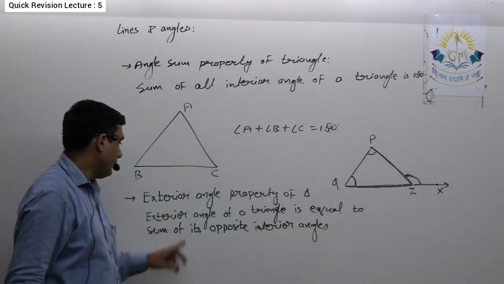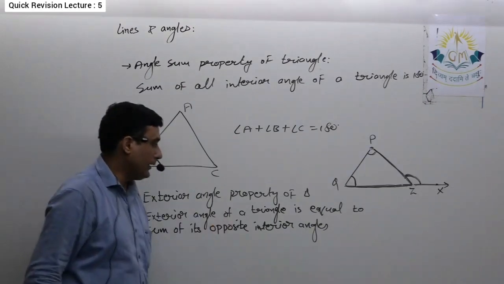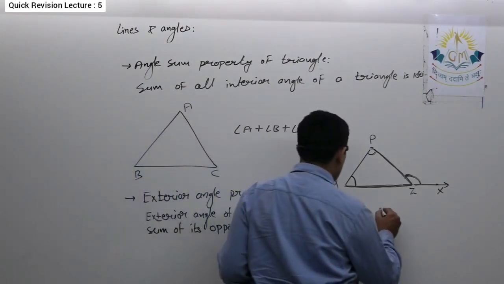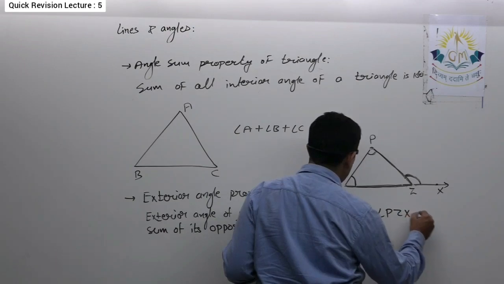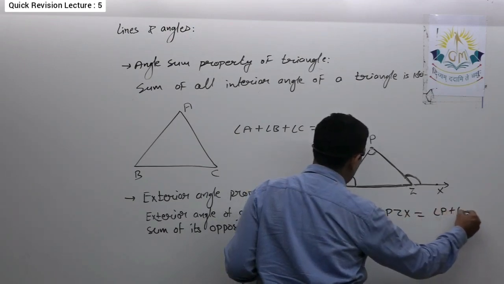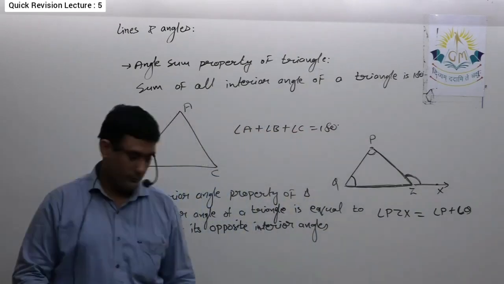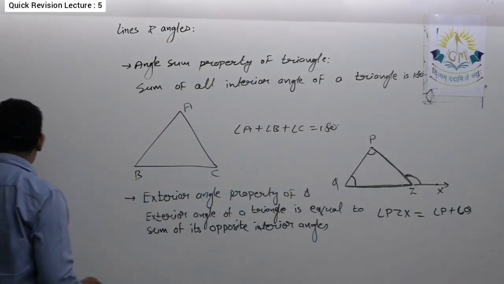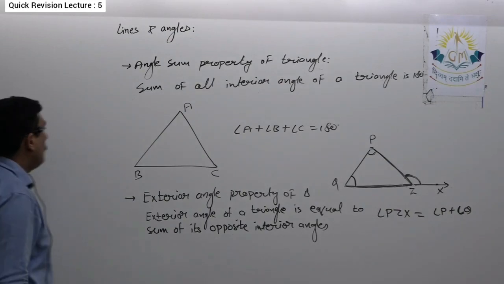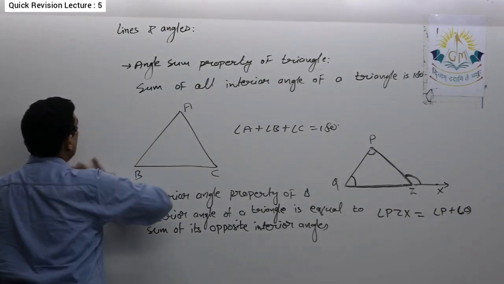Here, angle PZX is equal to angle P plus angle Q. That is the exterior angle property of the triangle.